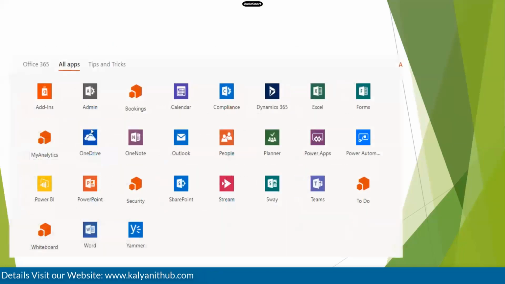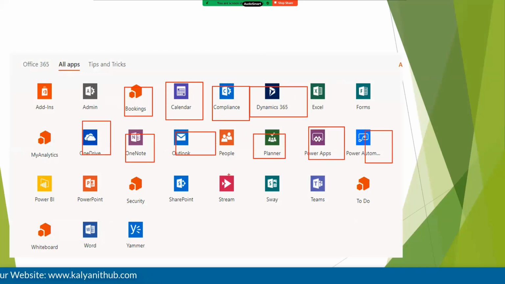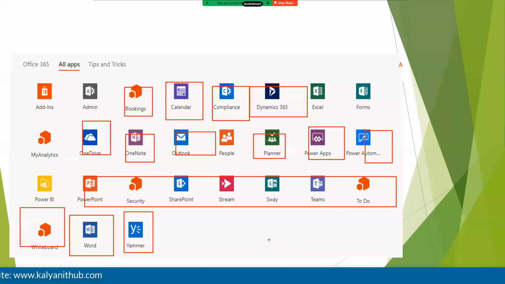These are the components of Office 365, like Bookings, Calendar, Excel, Word, OneDrive, Planner, Power Apps, Power Automate, Power BI, Teams, and so on. Clear?